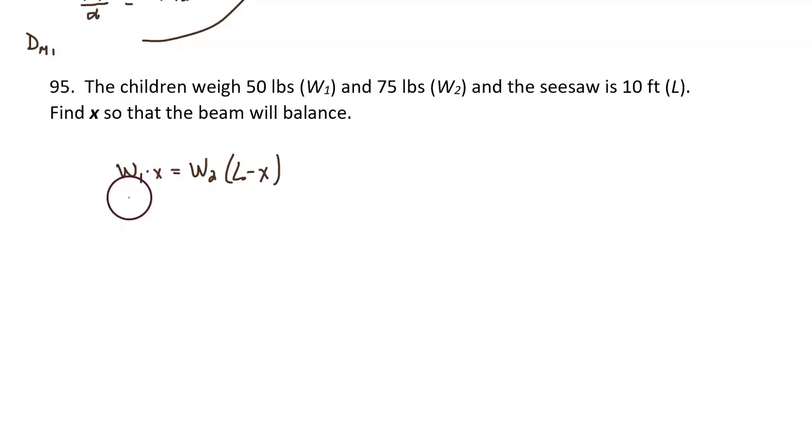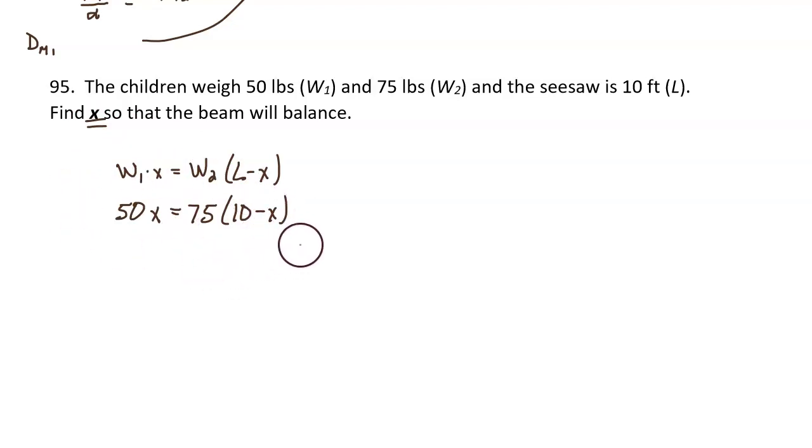We're told in the story that W1 is 50 pounds, W2 is 75 pounds, and the length of the teeter-totter is 10 feet. The one thing we don't know is x. That's what we're asked to find out.